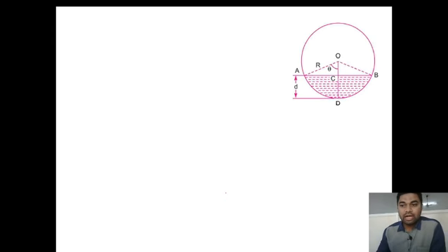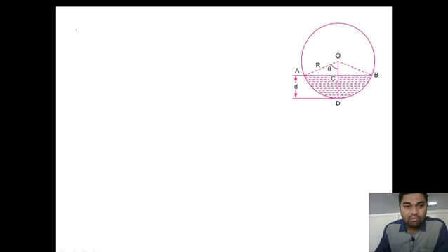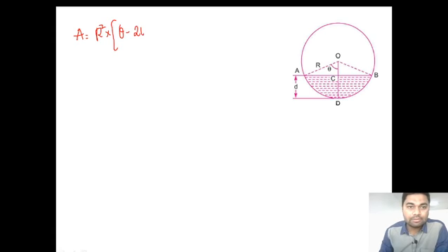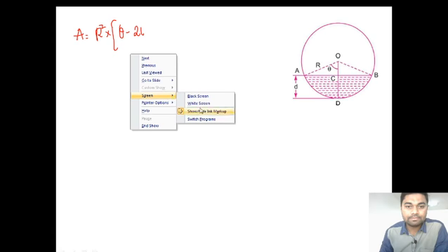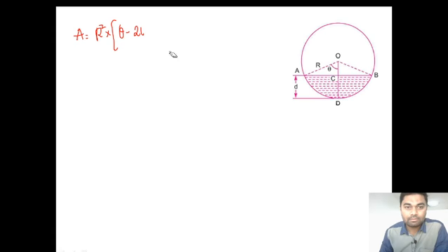So consider the value of area. The area of flow of a circular channel can be given by the formula A is equal to R square into theta minus sine 2 theta by 2.